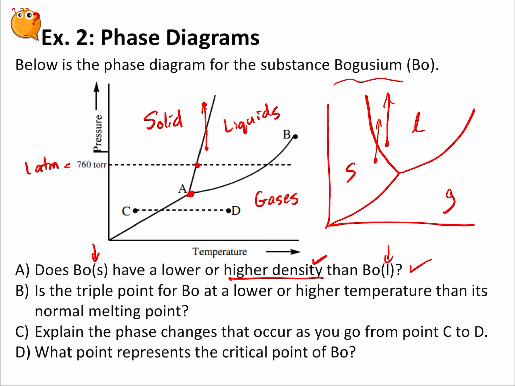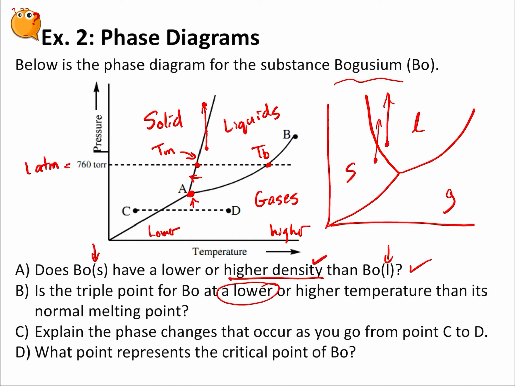That is going to be Tm, that's the melting point. This here is Tb, that's the boiling point. So the question is saying, is the triple point, which is here, at a higher or lower temperature? Well, because it's more this way, this is lower, this is higher. So the triple point is going to be at a lower temperature.